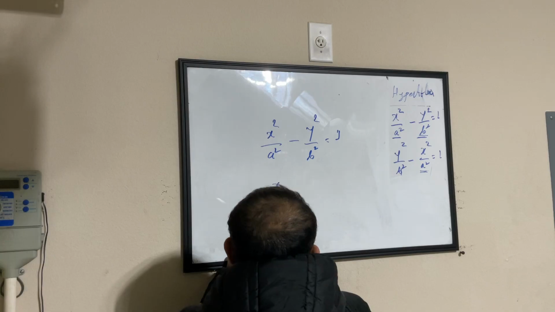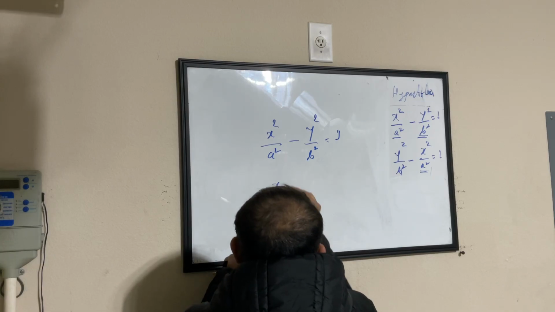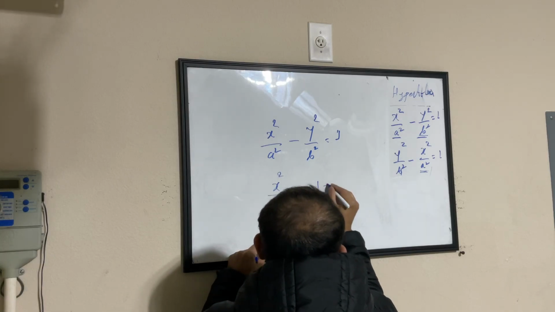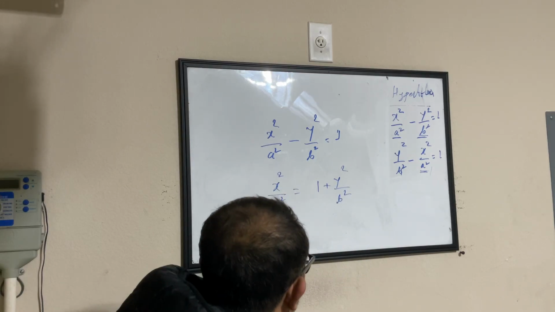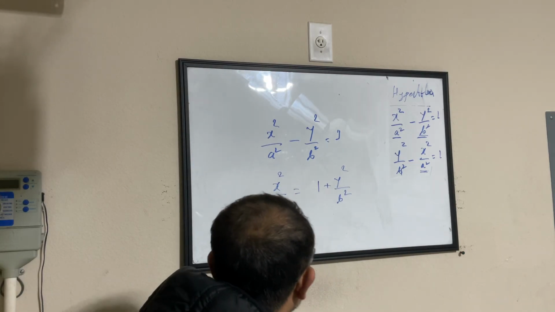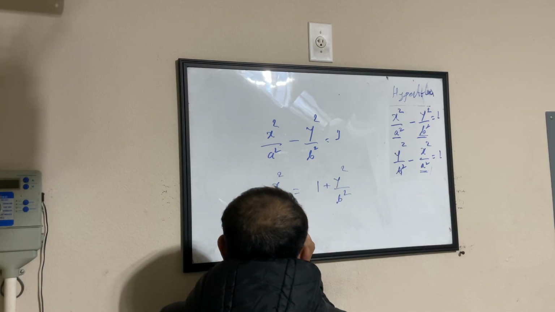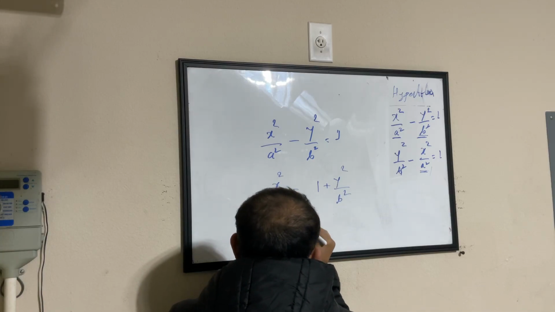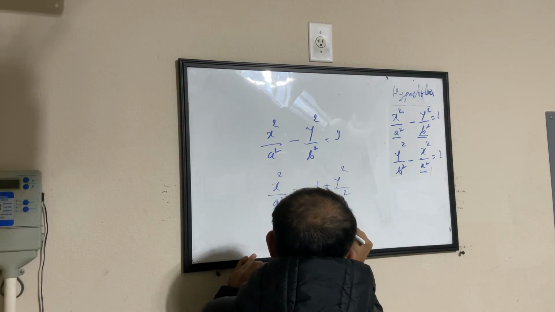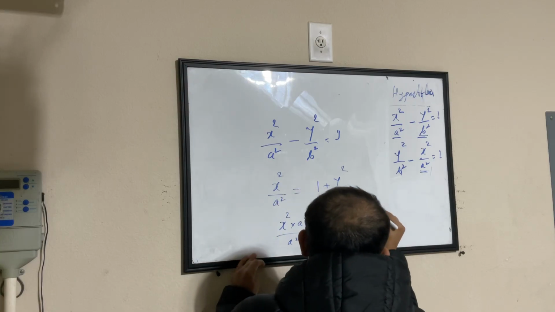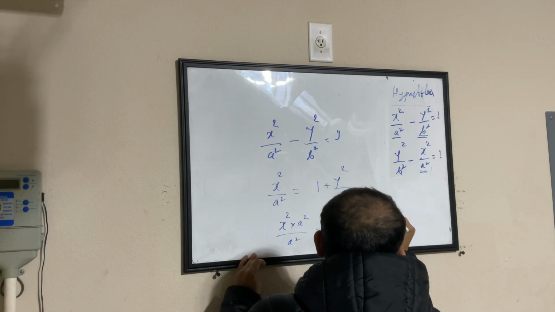So, that would mean x squared by a squared equal to 1 plus y squared by b squared. Now, let's multiply everything by a squared. So this becomes x squared into a squared by a squared equal to 1 into a squared plus y squared into a squared by b squared.